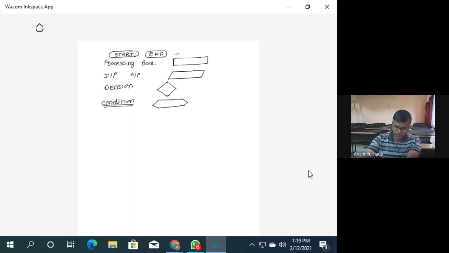If you are writing a flowchart on a single page, which symbol is used for continuity? Suppose the first page is finished. You can write like this, say A, at the end of the first page, and on the second page you start again from A. So this circle is used for continuation of the flowchart. You must know the start and end symbol, the processing box, input and output, any condition such as a do-while or for loop, and the diamond decision box only for if-else: if yes, do this, if not, do that.